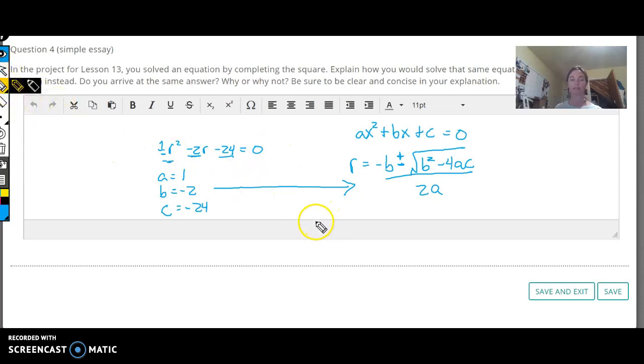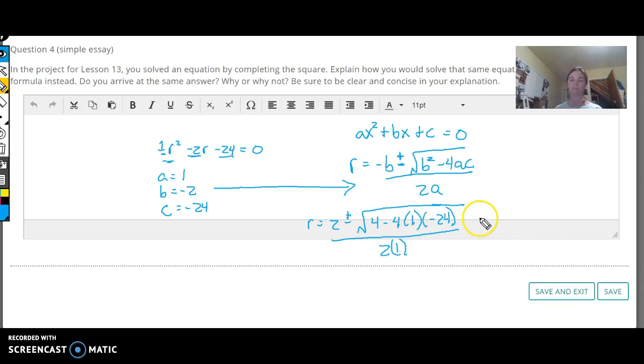Okay, so minus b is actually a positive 2, because minus a negative is a positive, plus or minus the square root of negative 2 squared is 4, minus 4 times 1 times negative 24, all over 2 times 1, which is 2.